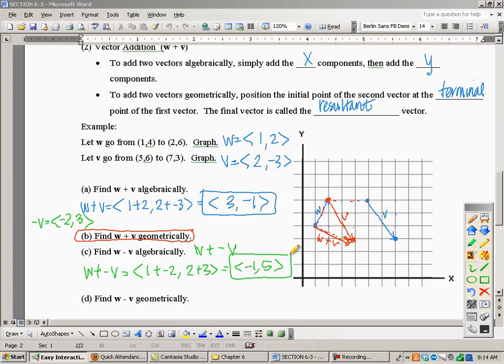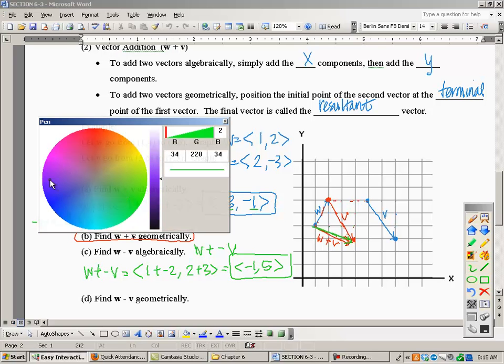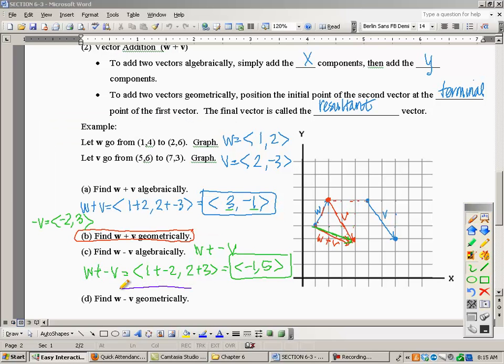Okay, now again, our goal is to show that algebraically that's the same, or geometrically that's the same, because here we went over 3 and down 1. So over 3 and down 1, that was this vector, right? So we showed it geometrically, and we're doing the same thing here. So I'm going to change my color one more time, and we're going to do W minus V geometrically.